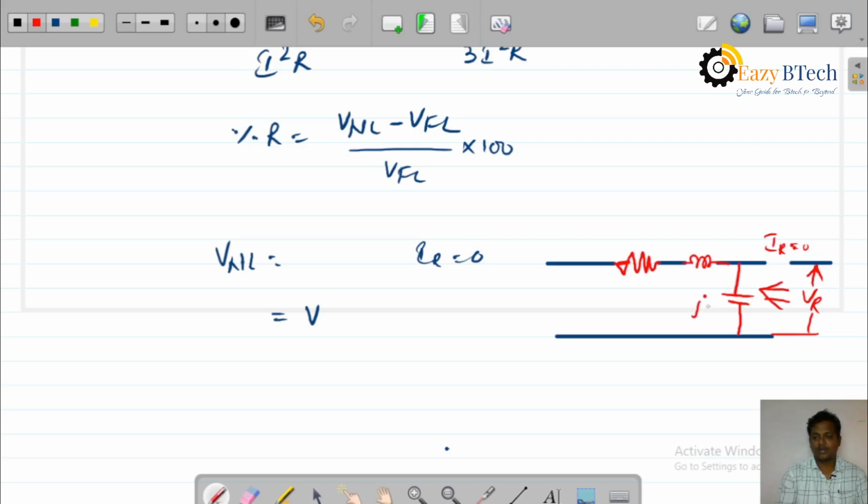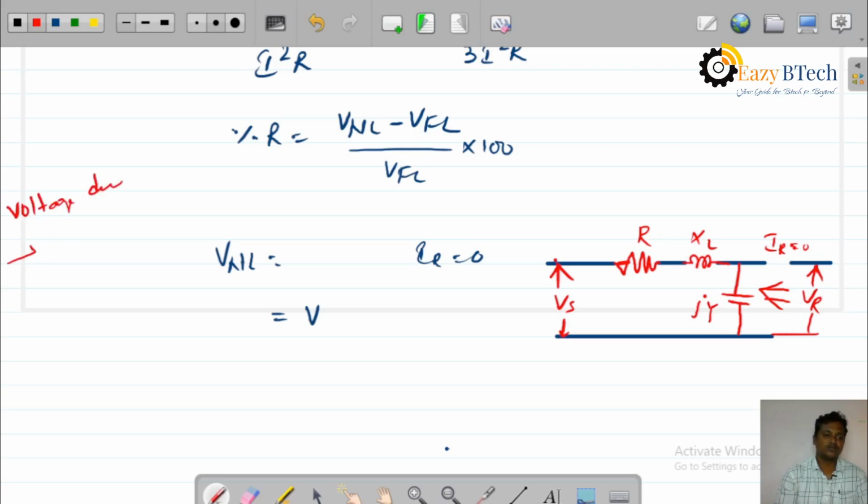Okay, we can take it as Y, it is XL, it is R, it is VS. It is the voltage division rule. I think you know the voltage division rule.